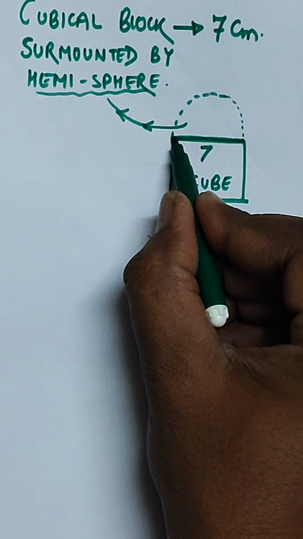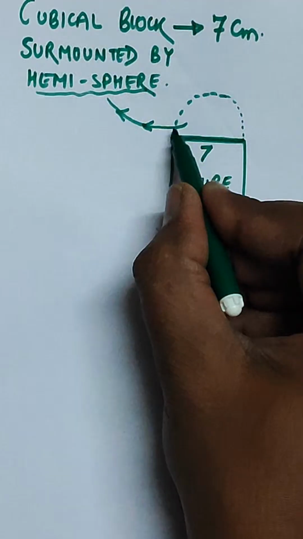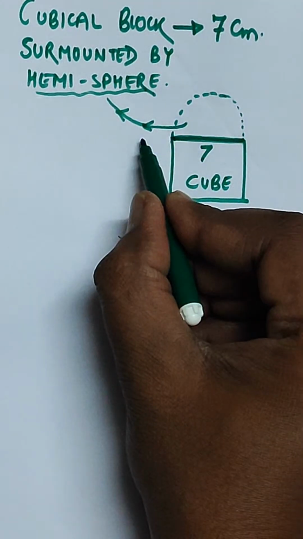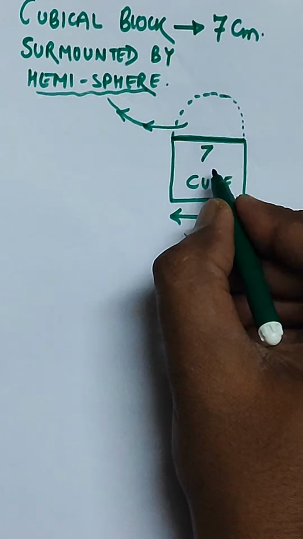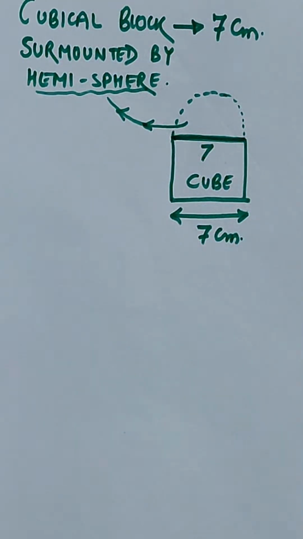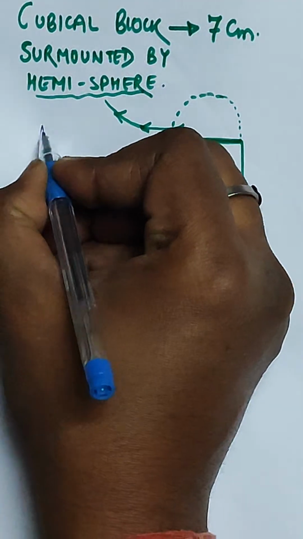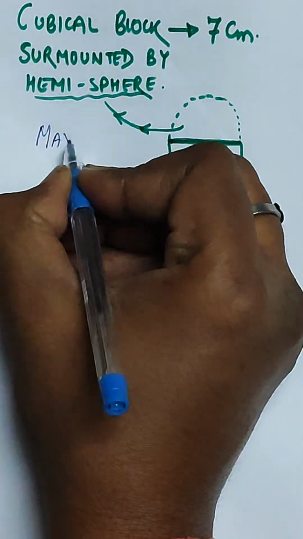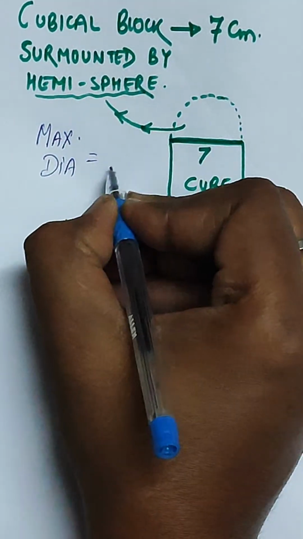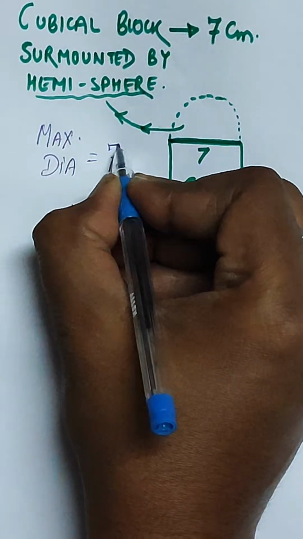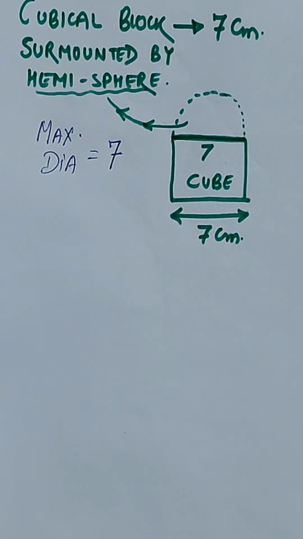The dome or the surmounted hemisphere could not go beyond this. So the max diameter of the dome or of the hemisphere is 7, whatever will be the edge of the cube.